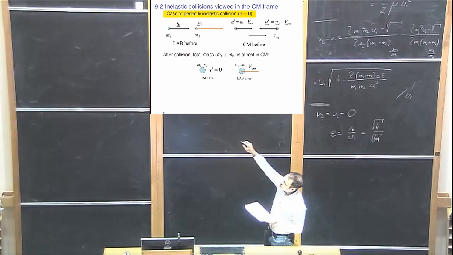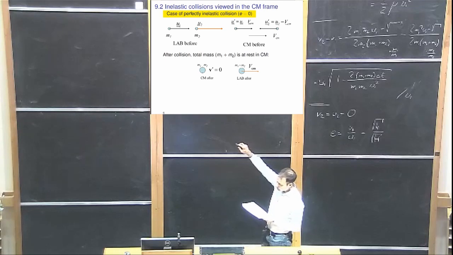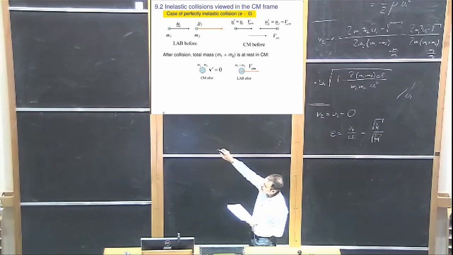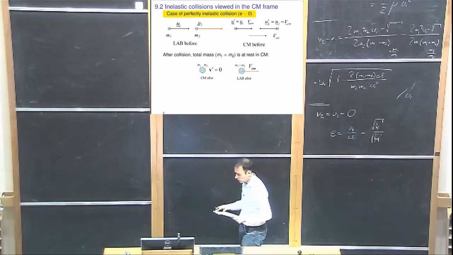We do the transformation into the center of mass frame, which you all know how to do. The velocities are transformed and shifted with the velocity of the center of mass frame, and after the collision the combined body is at rest in the center of mass frame.